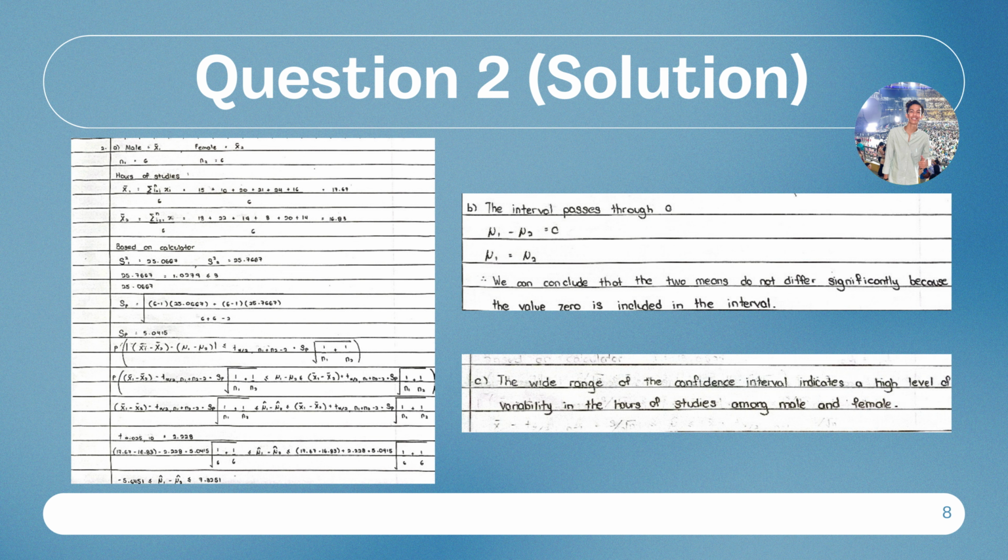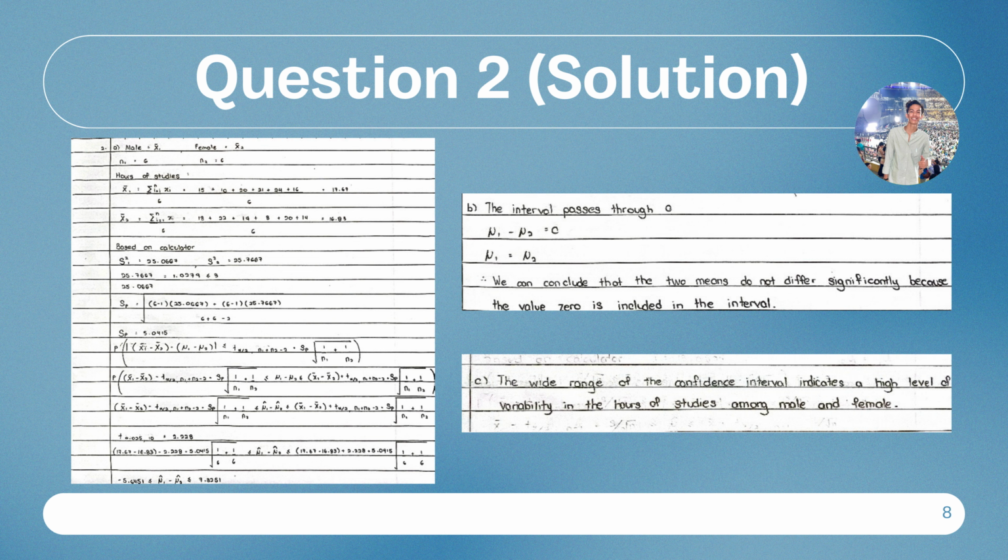We have obtained the sample variances from the calculator, and we get sample variance 1 equals 25.0667 and sample variance 2 equals 25.7667. Since the larger sample variance divided by the smaller variance is less than 3, we have to calculate Sp.